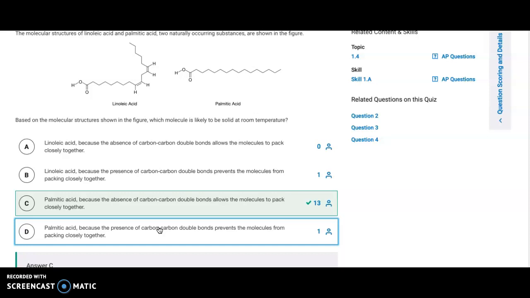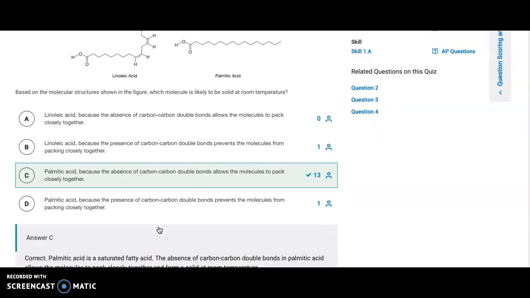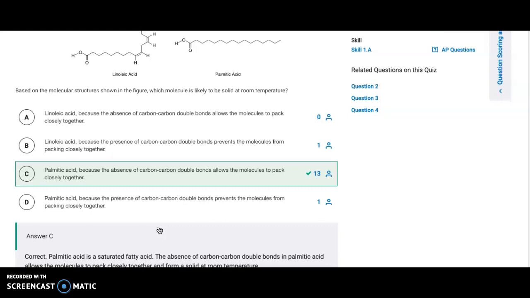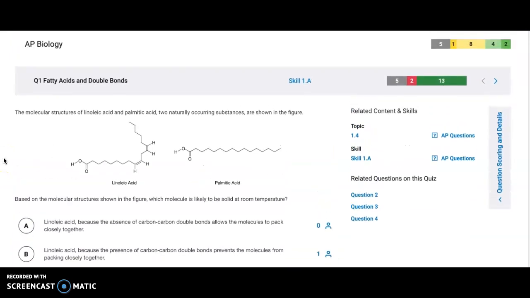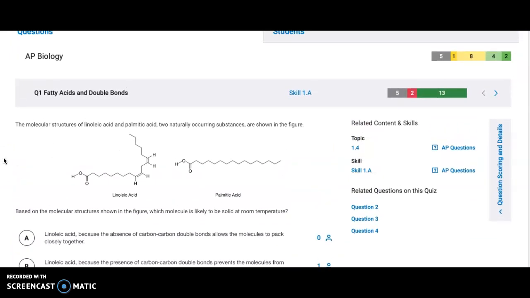They pack together more tightly, so they are less likely to move around. That reduced movement leads to being solid phase at a higher temperature, or at room temperature. You should understand, for all the major macromolecules, the basic shapes, functions, and behaviors of the molecule.